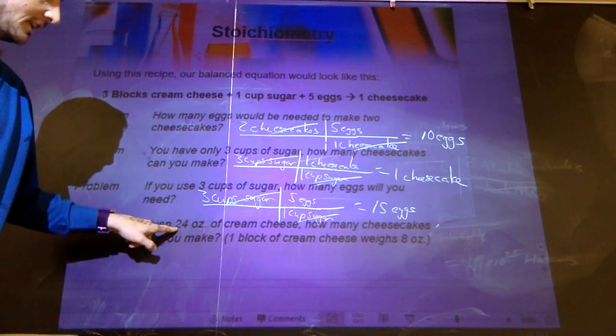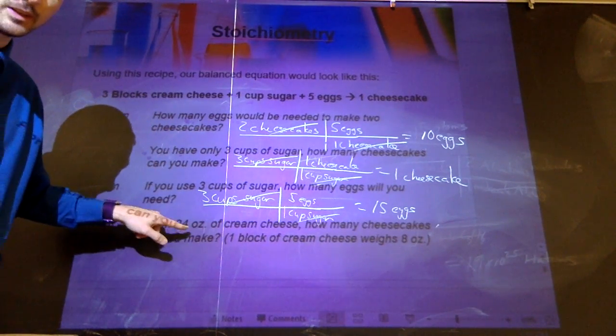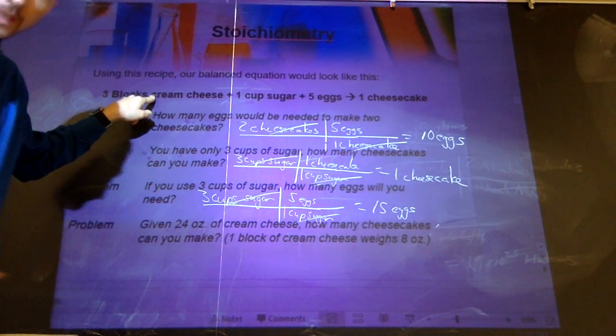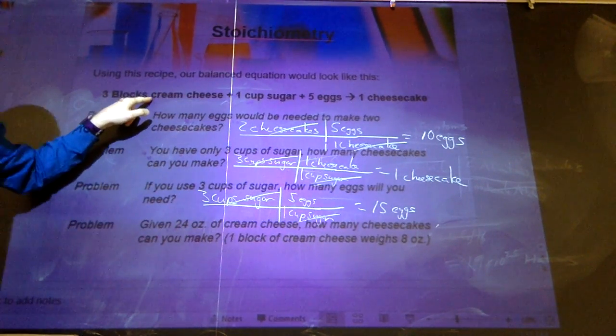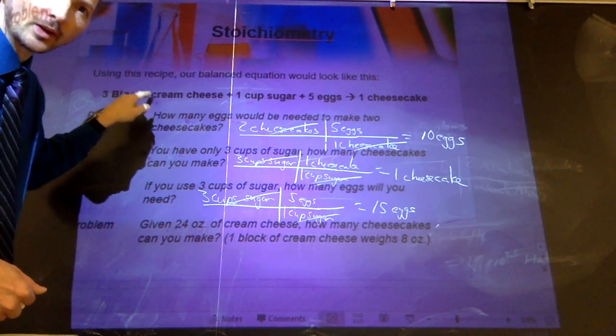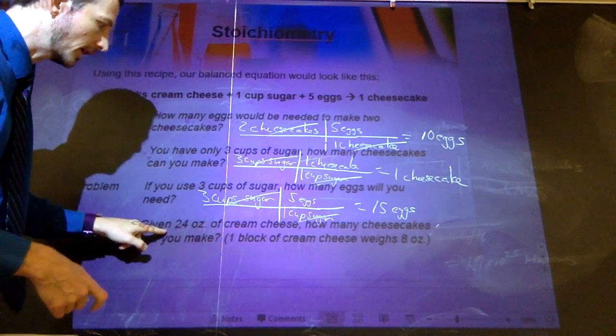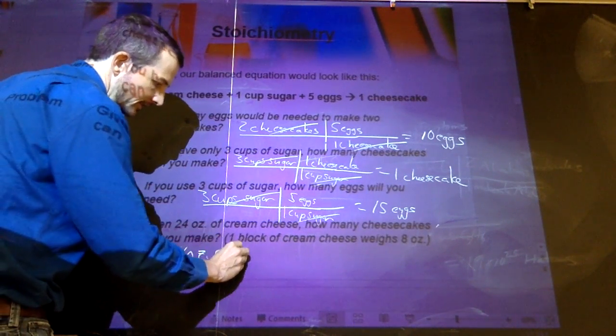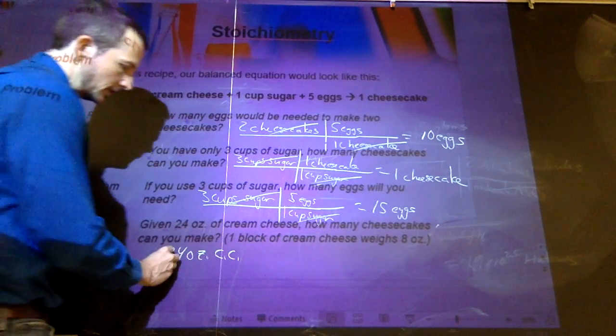Just like this one, given 24 ounces of cream cheese, I'm given ounces of cream cheese. My recipe has blocks in it. So to be able to use my balanced equation, I need this in blocks. So I first have to do that conversion. So my 24 ounces of cream cheese.